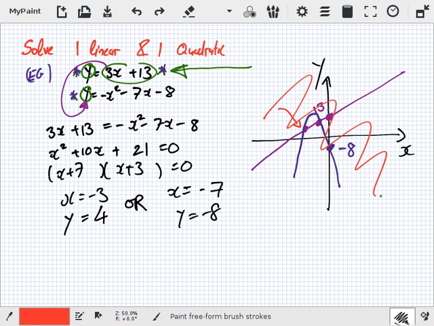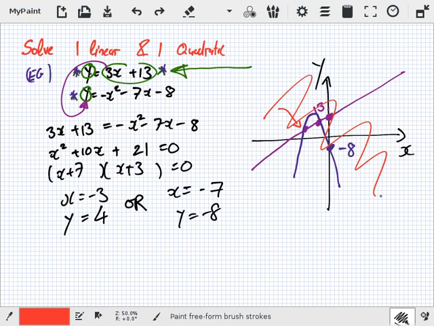Right, let's have a look at it here. What was my first equation, the quadratic? y equals 3x plus 13 and y equals minus x squared minus 7x minus 8. Okay, let's see if I can draw the two together. Ah, there we go. That's beautiful.